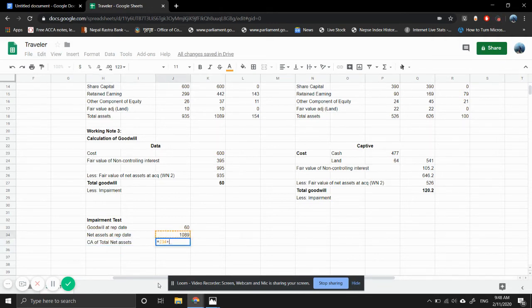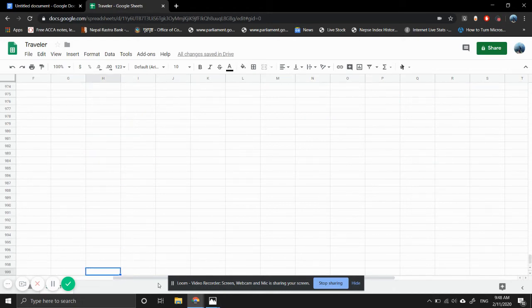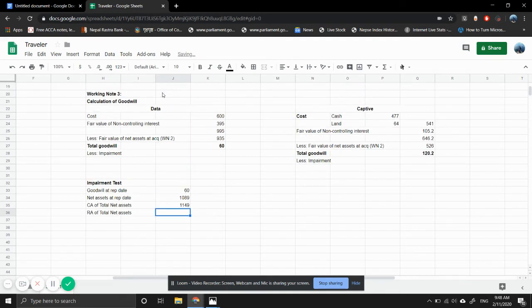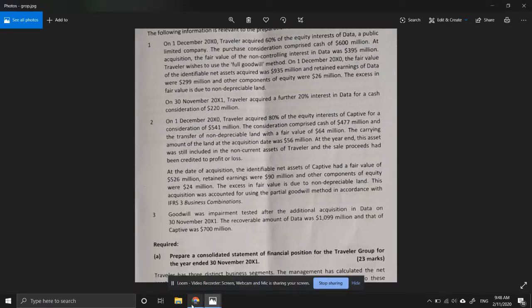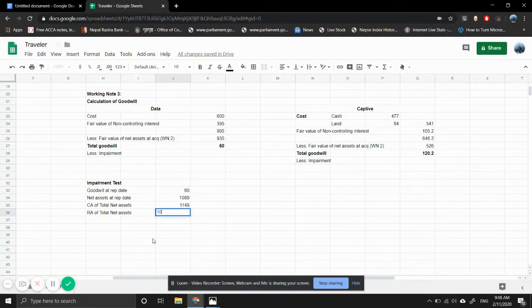This will basically be this figure plus this figure, and then our recoverable amount, this will be not C, it will be R, right? Recoverable amount is, how much is it for Data? It's 1099. So impairment is there, right?